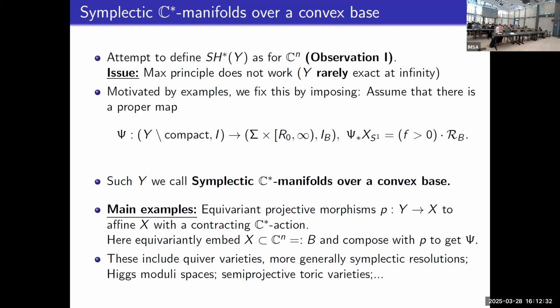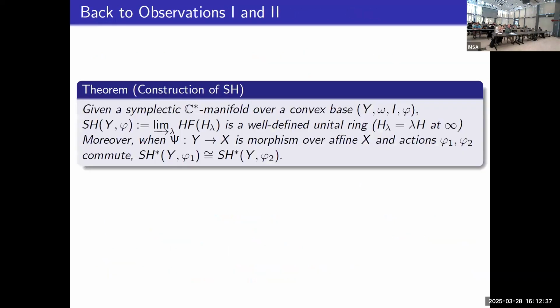You can always make a bigger and bigger combination. That's why the isomorphism is true. I can explain that in detail if you're interested. But whenever you have a morphism, this gives an isomorphism between the SH.